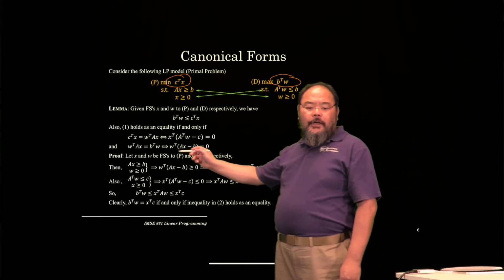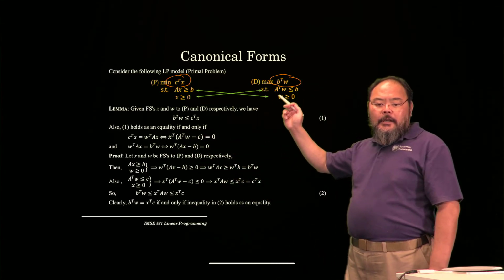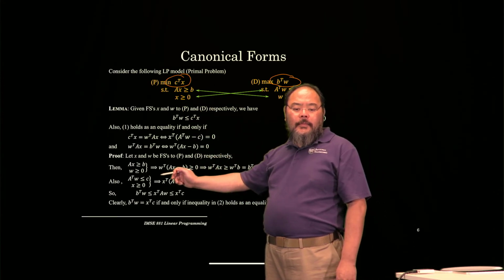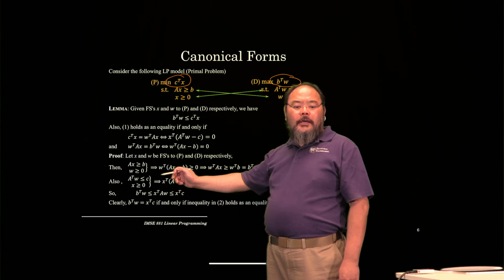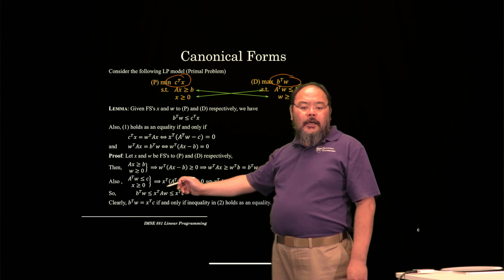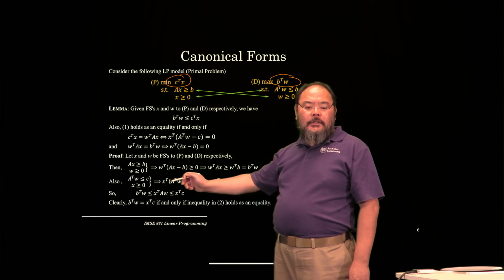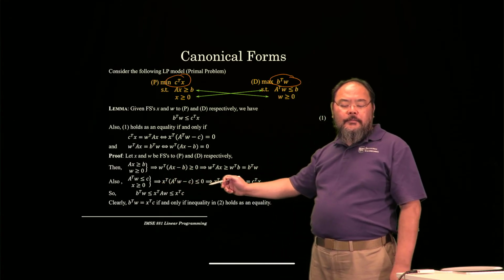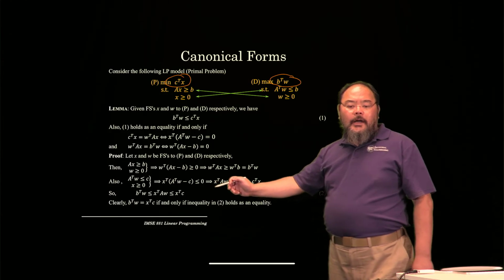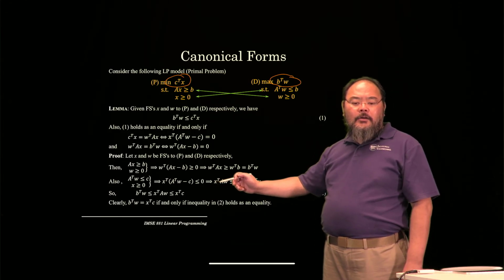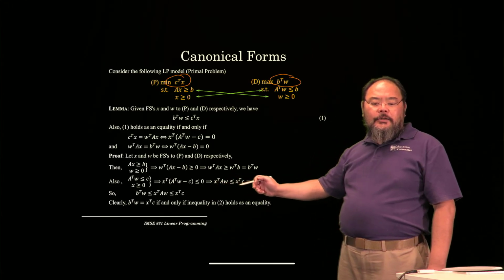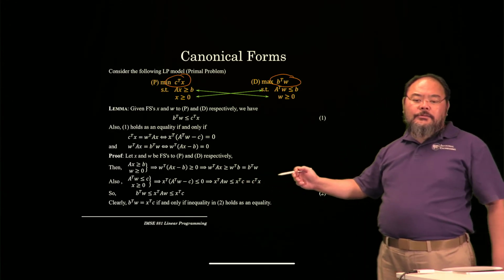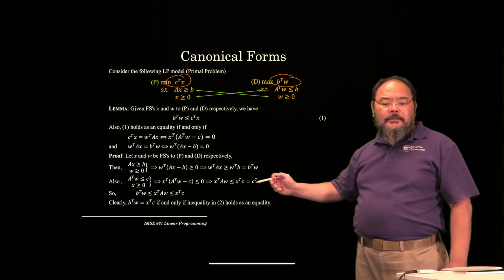From the dual constraint and the primal variable, we have A transpose times omega less than or equal to C, and X is non-negative. These two multiplied together will be non-positive. So I have X transpose times A transpose omega less than or equal to X transpose times C, which is C transpose times X.